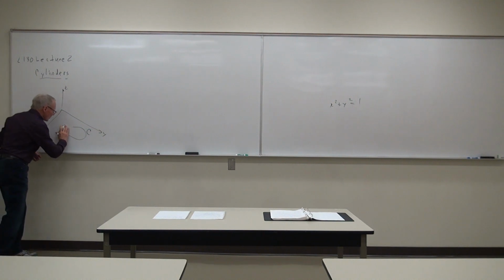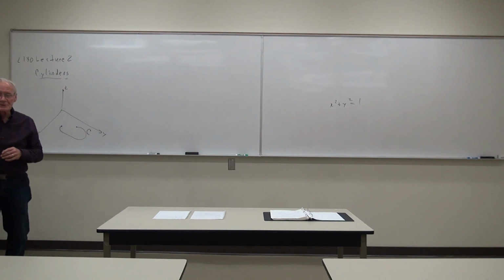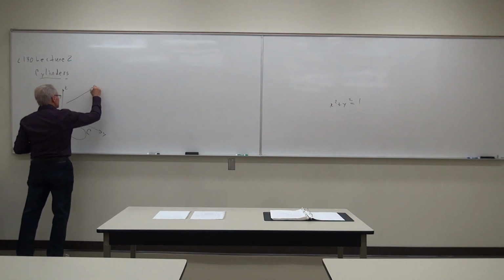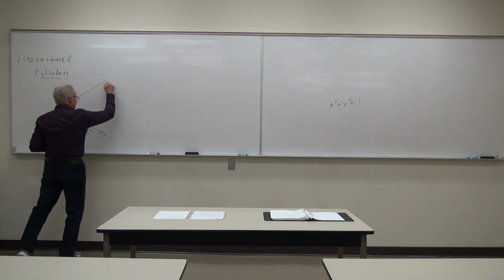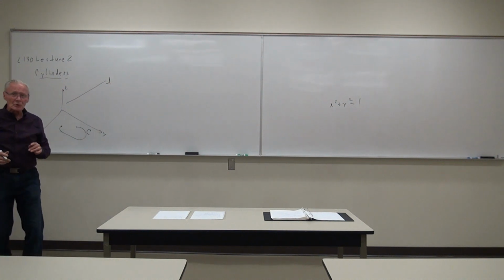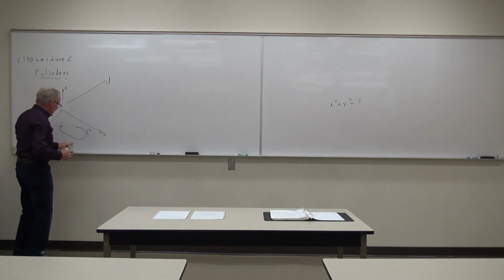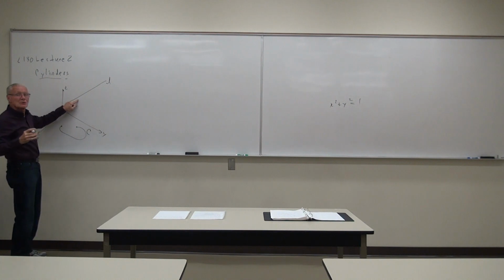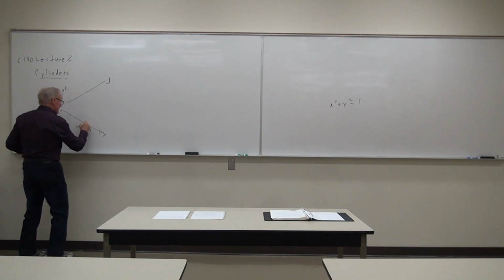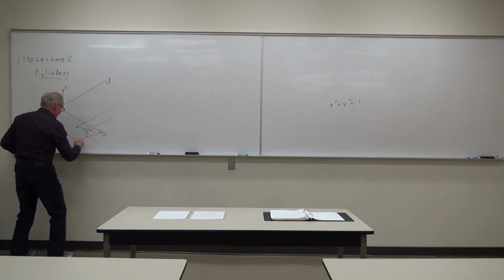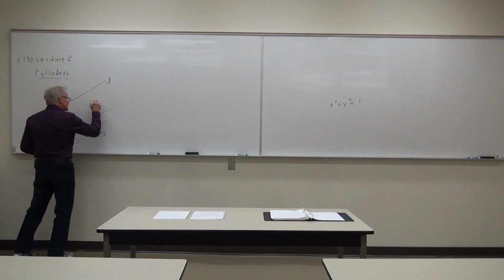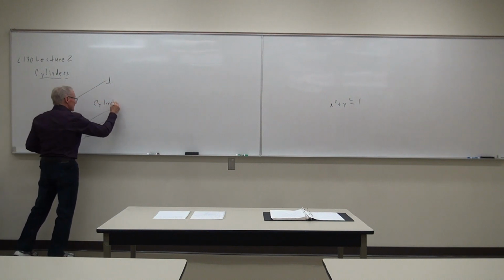It doesn't have to be closed. I've made it closed, but it doesn't have to be. So there's a curve in the xy plane. Then you take a line, any line you want in space. Call that L. And then what you do is, through every point on this curve, you draw a line parallel to that one. From this point you'd have that, on and on they go, going in both directions. That's called a cylinder.